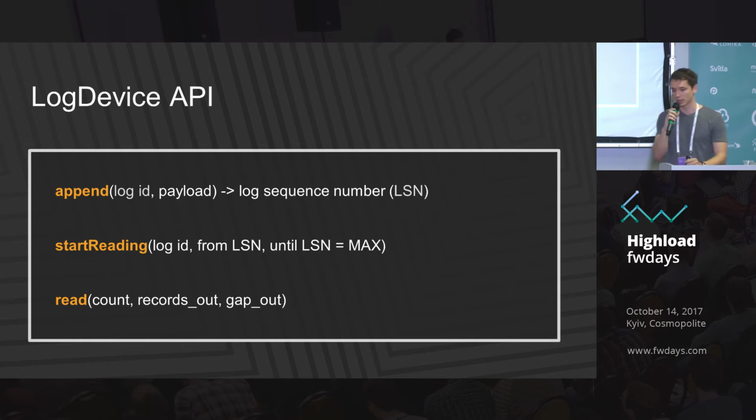So this is just a way to tail this log. And of course there's a read, where you specify how much you want to read, and you receive records, or you receive a gap indicating a data loss, or that you might be trying to read data which is already trimmed. I will talk about gaps later.